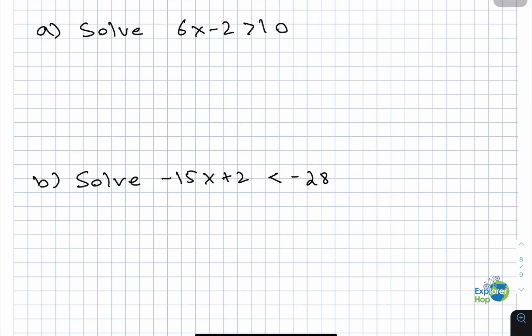Let's solve part A. Solve 6x minus 2 is greater than 10, which can be written as 6x is greater than 10 plus 2.